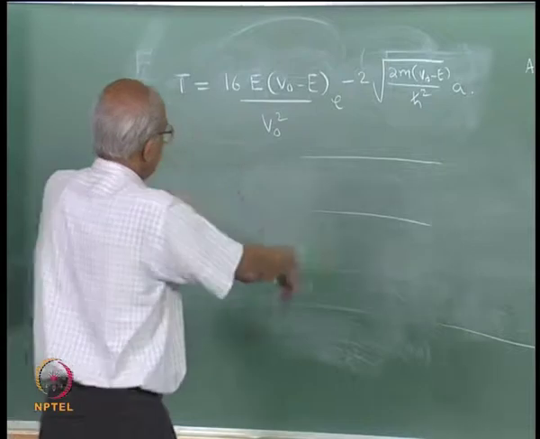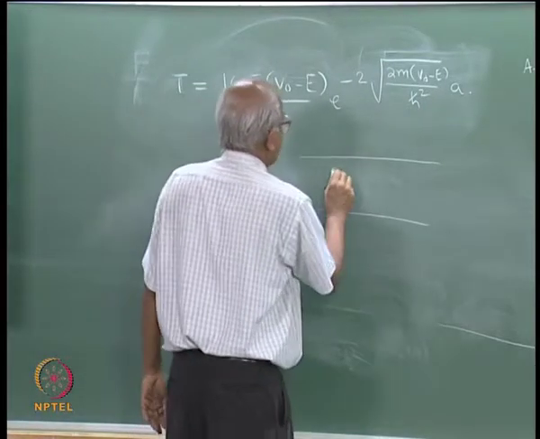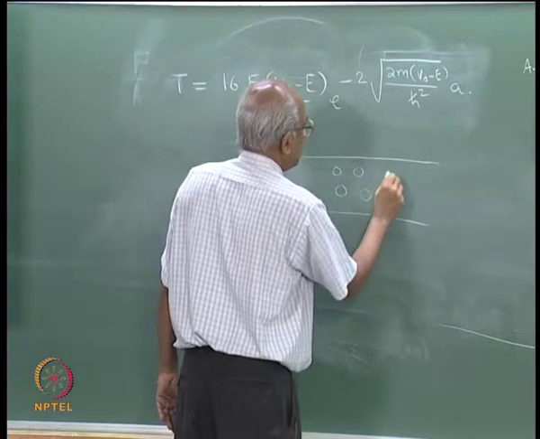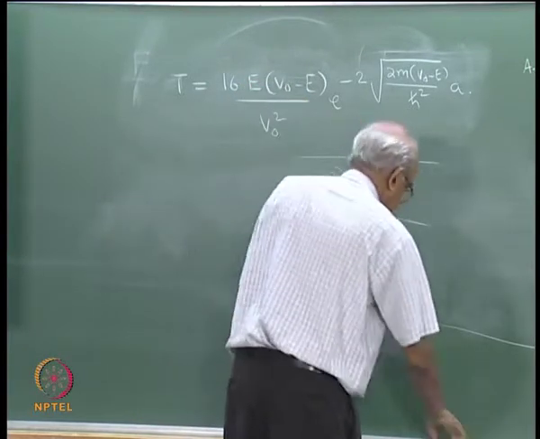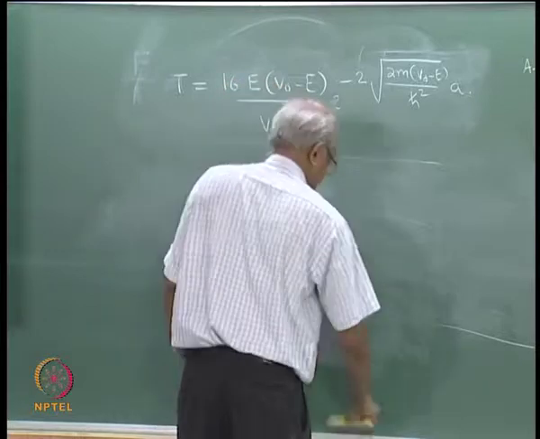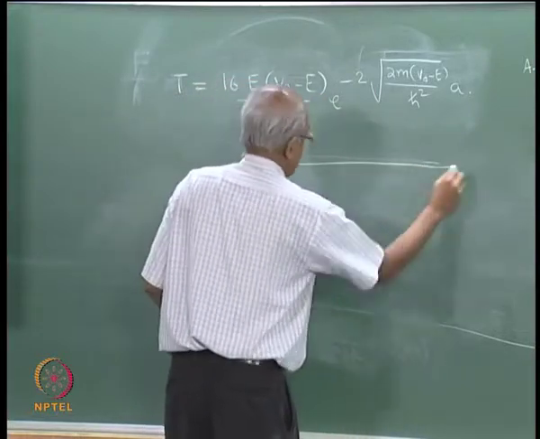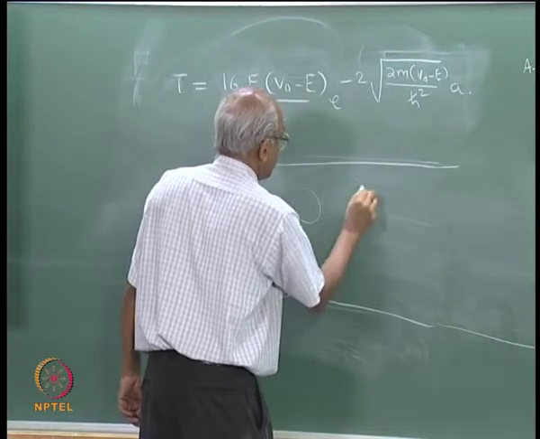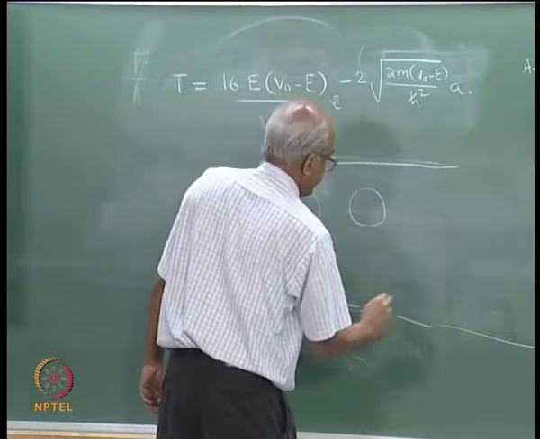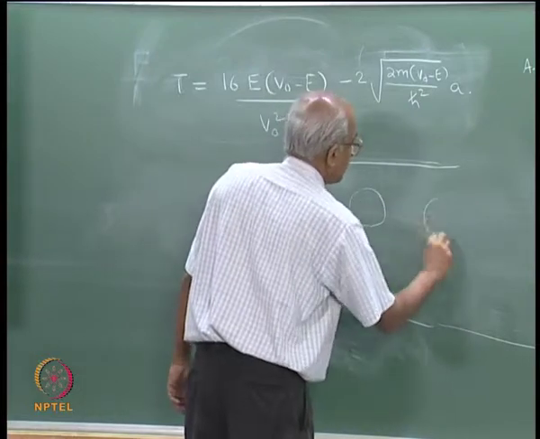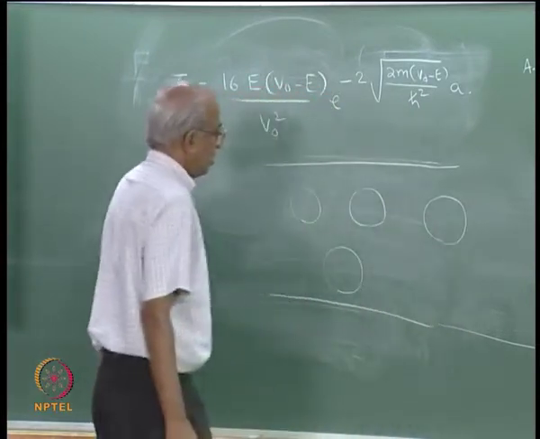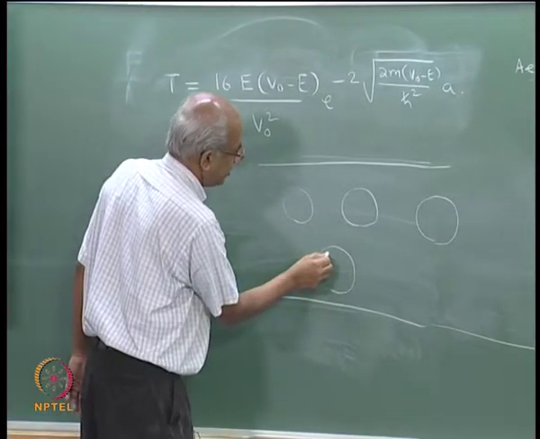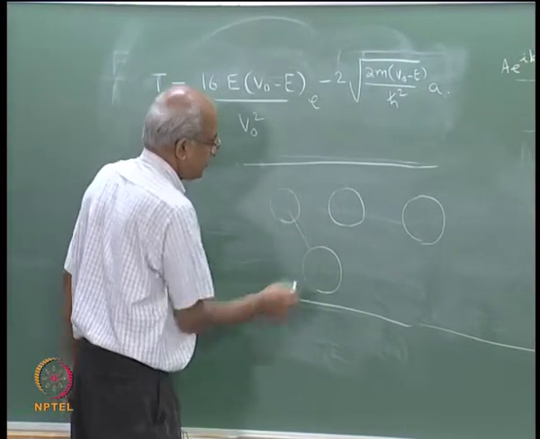So imagine you have a polymer film and you have metallic nanoparticles embedded. Okay, maybe I should draw a bigger figure. This is a film and you have metallic nanoparticles embedded in the film, and it is actually possible for electrons to tunnel from this metallic nanoparticle to that metallic nanoparticle.